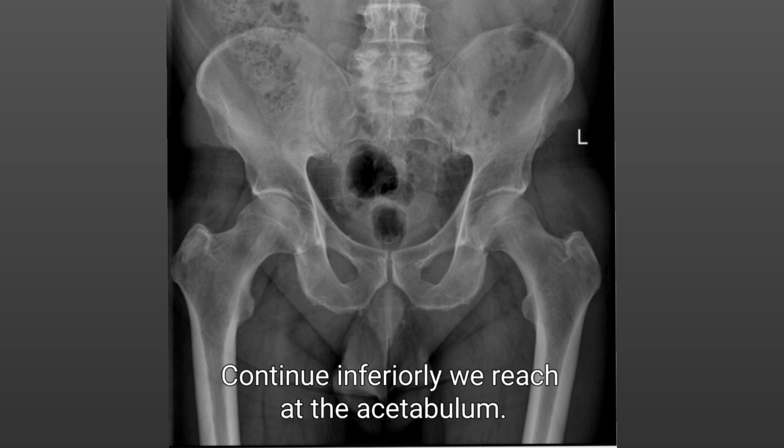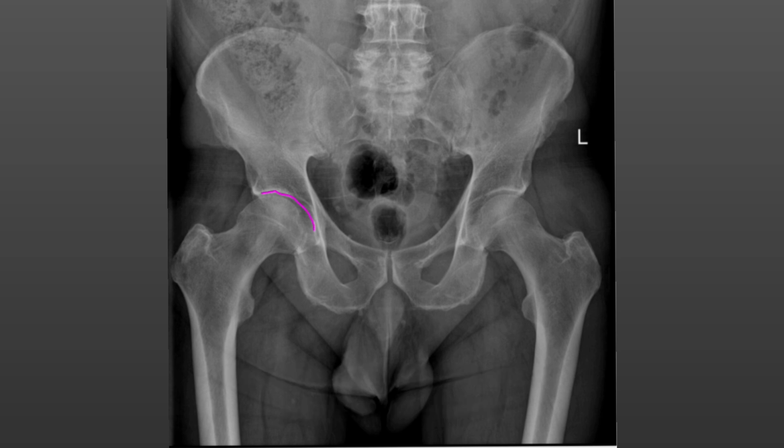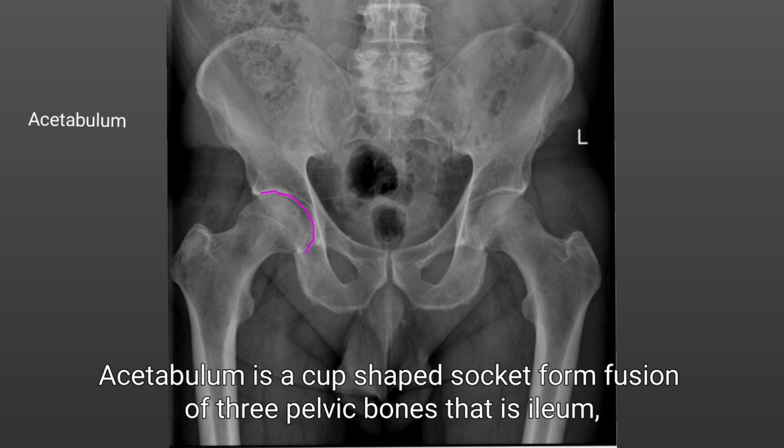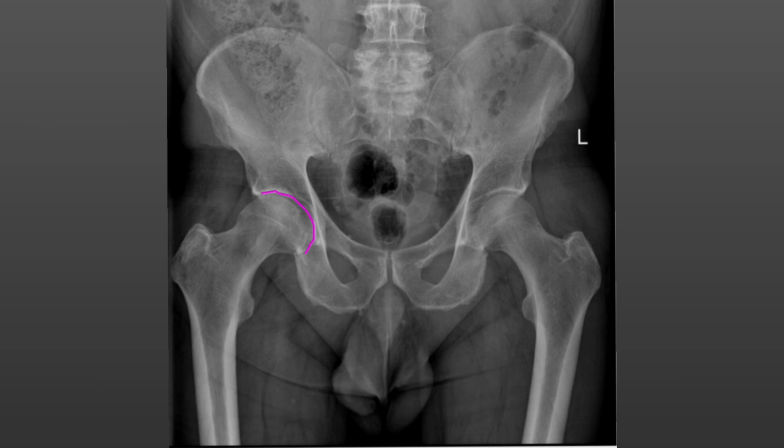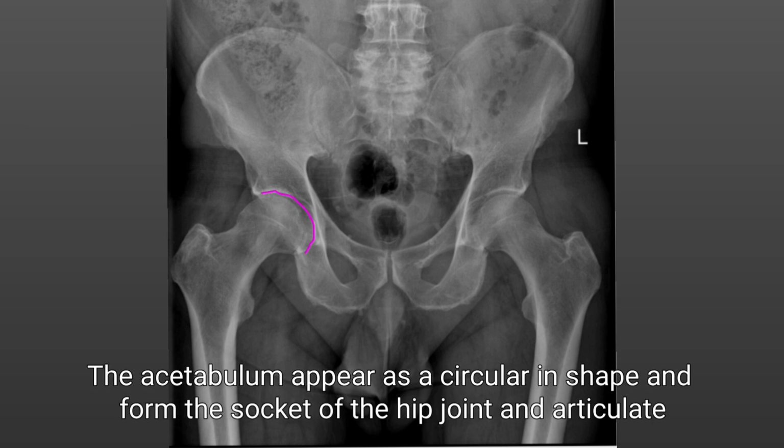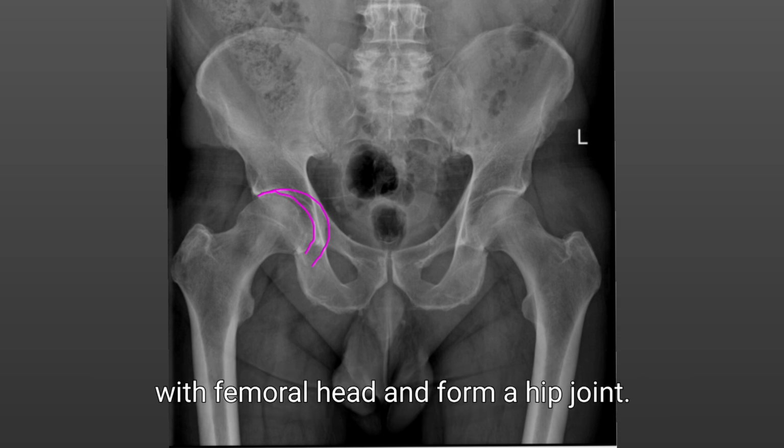Continuing inferiorly, we reach the acetabulum. The acetabulum is a cup-shaped socket formed by the fusion of three pelvic bones, that is the ilium, ischium, and pubis. The acetabulum appears circular in shape, forms the socket of the hip joint, and articulates with the femoral head to form the hip joint.